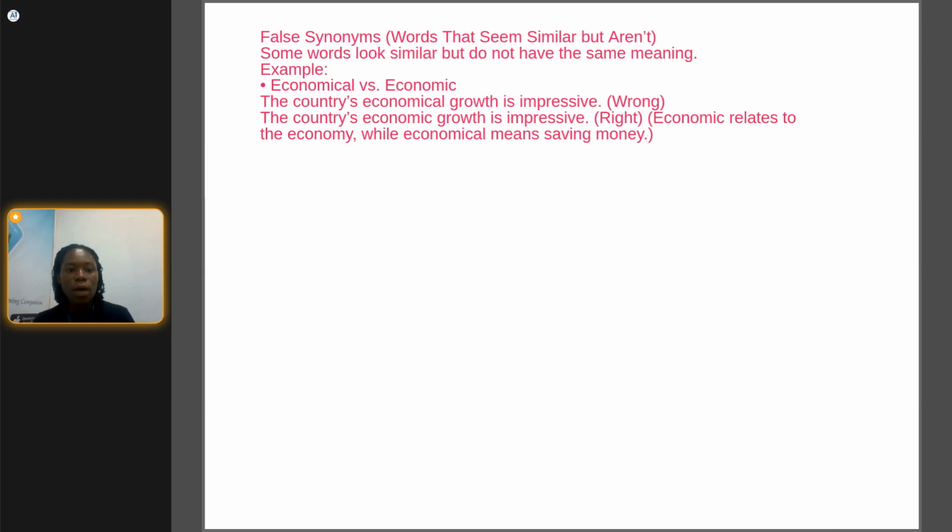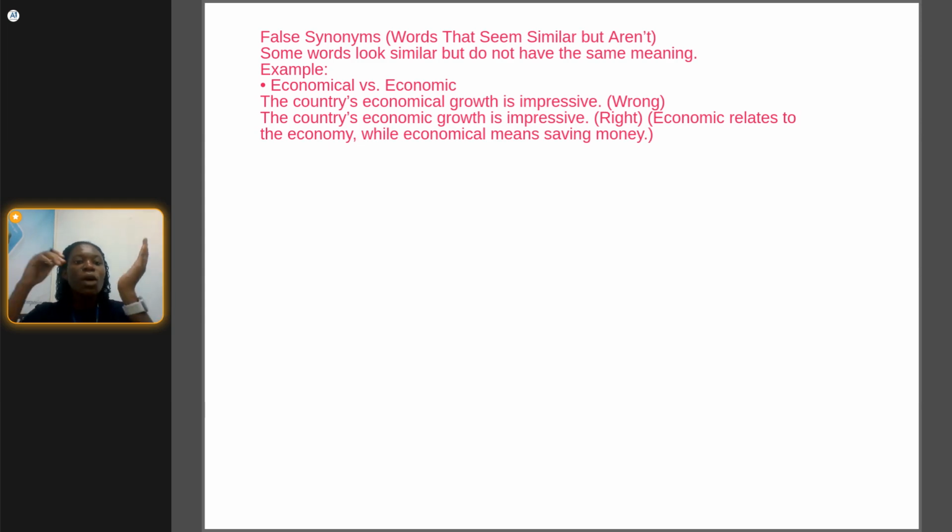For instance, we have the word economical versus economic. If you're not careful, you can misuse this word. So if you say the country's economical growth is impressive, that's wrong because economical only looks like economy. When you talk about economic, it relates to the economy, basically.